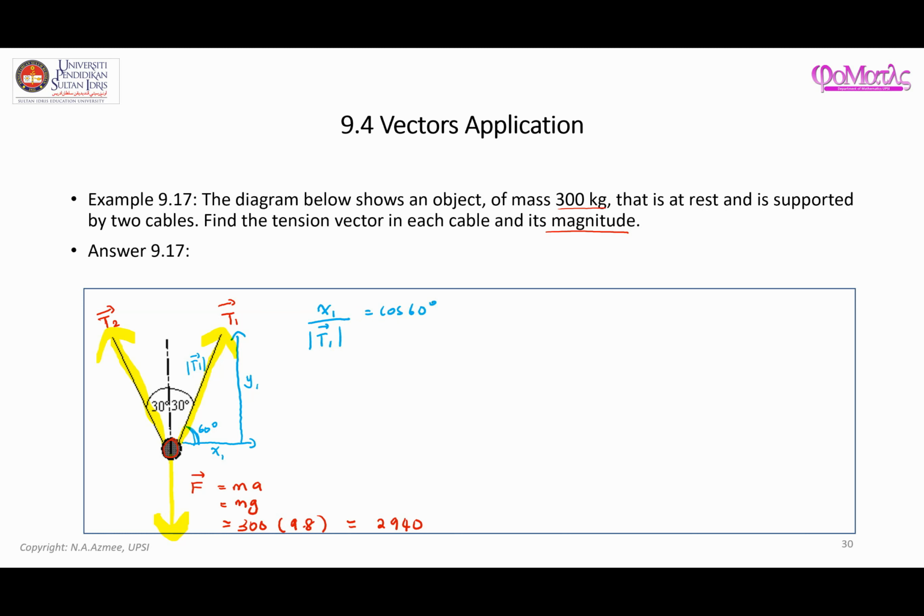So that's the first step. Next, x1 is equal to the magnitude of t1 times cos 60 degrees. This is actually just 0.5, so I'm just going to replace that with 0.5. So times 0.5.